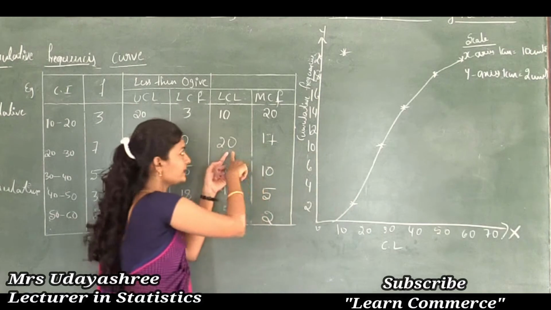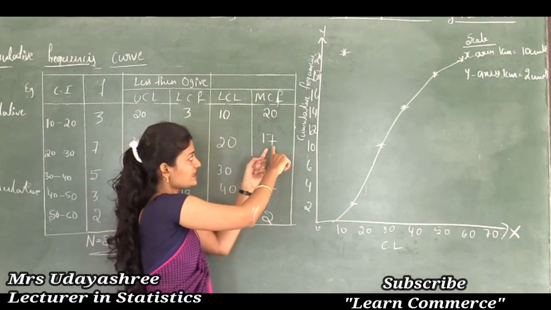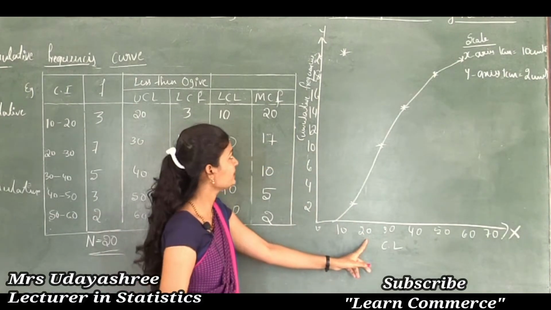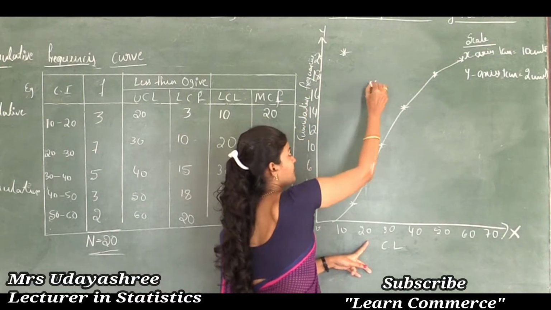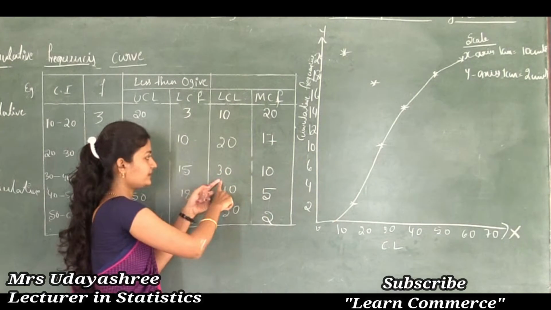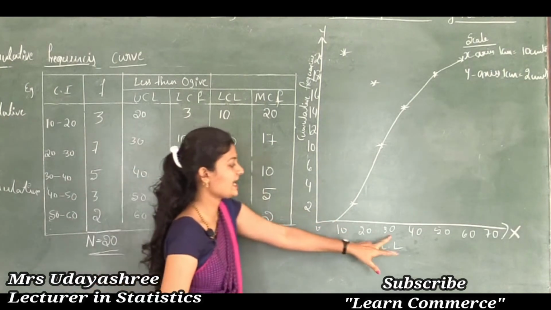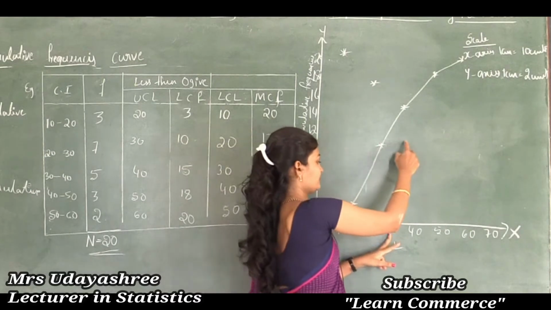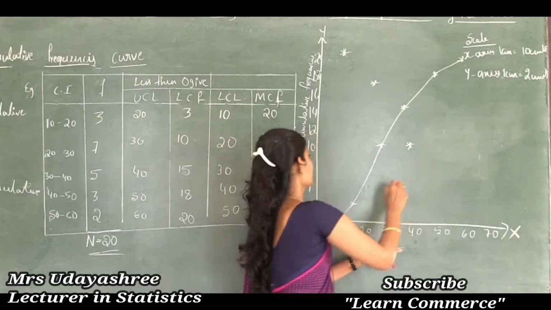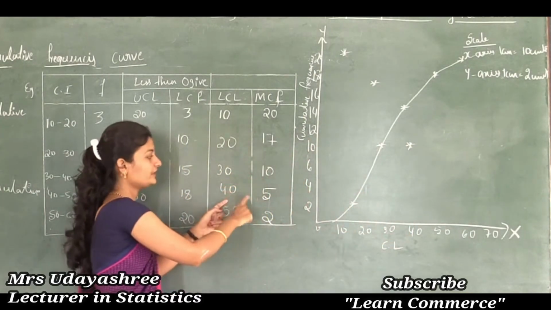Next, for 20 the corresponding cumulative frequency is 17. So class limit 20 is here, 17 is here. Next is 30 and 10. So class limit 30 is here, corresponding cumulative frequency 10 is here. Next 40 and 5.